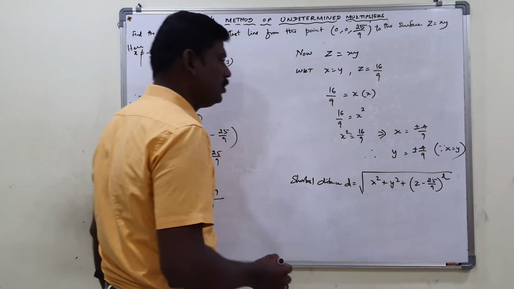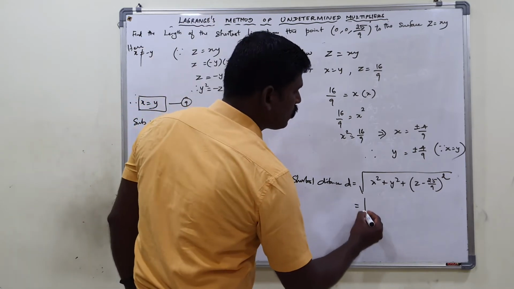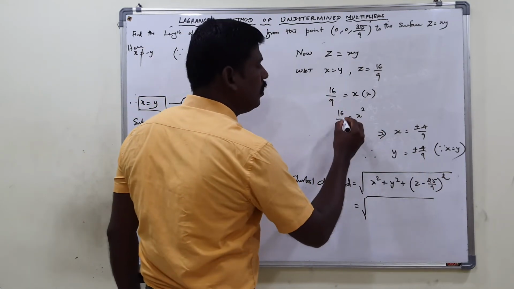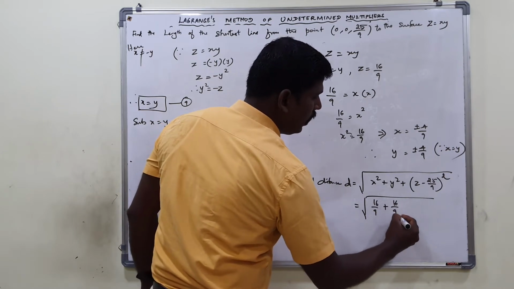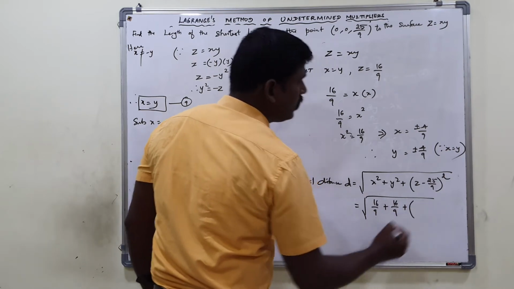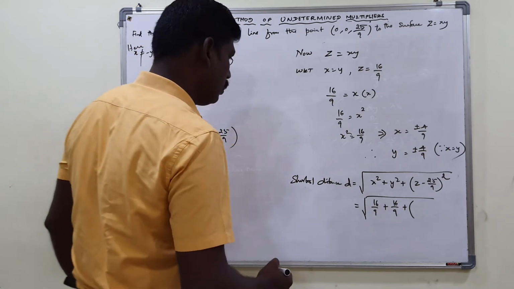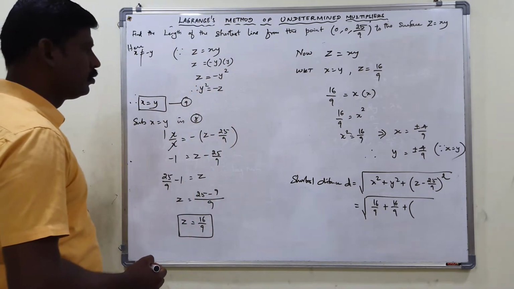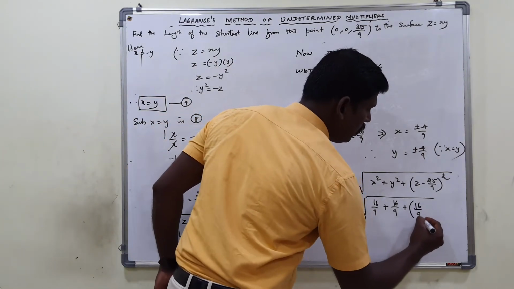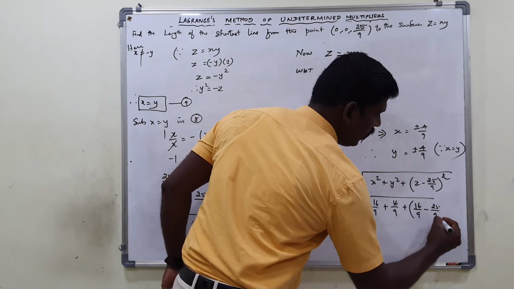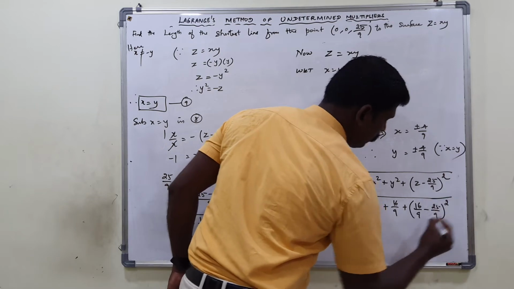This is the shortest distance, isn't it? So substitute all the values. What is x square? 16 by 9. Plus y square is also 16 by 9. Plus what is z? Z value is 16 by 9. So 16 by 9 minus 25 by 9 the whole square. Okay.